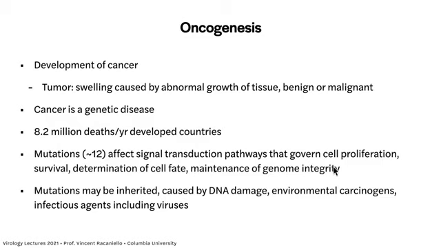If those are mutated, then you will have rapidly accumulating mutations, and the cell will become a cancer cell. And these mutations have a variety of sources. You can inherit them from your parents. They can be caused by DNA damage, by environmental carcinogens, or by viruses. We'll talk a little bit about environmental carcinogens and also viruses today, of course.